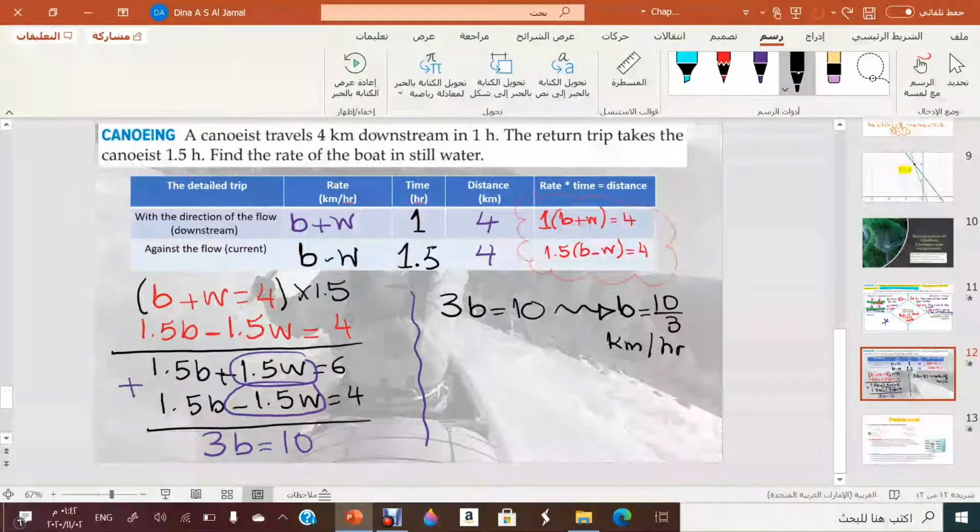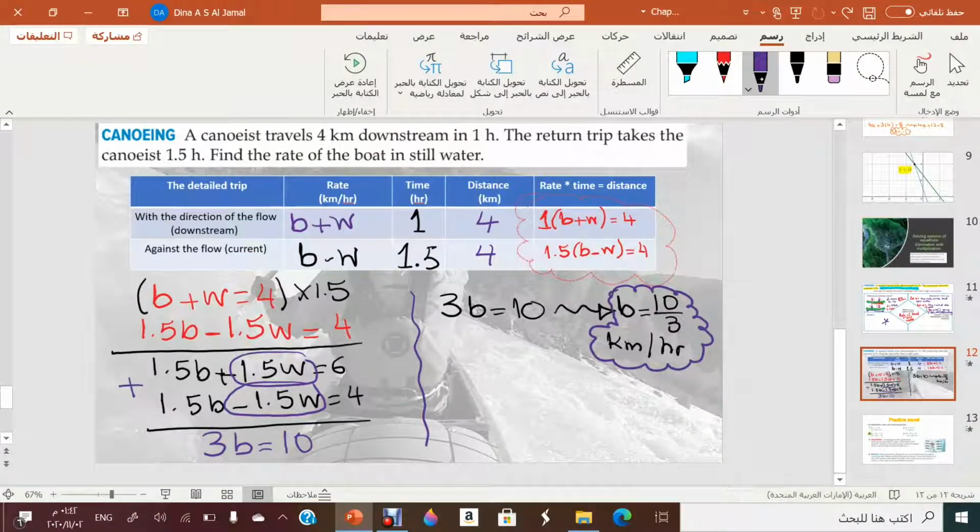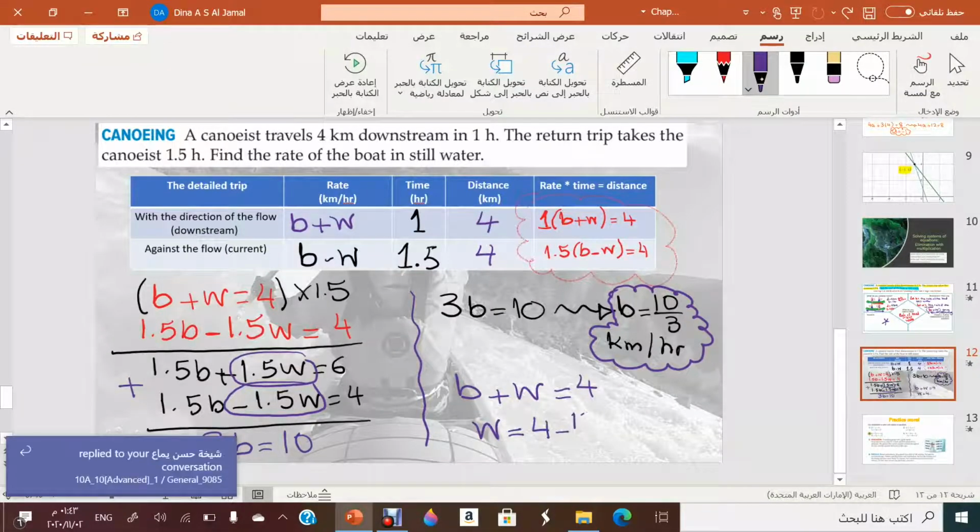Then, are you done? It is needed to find the rate of the boat, but I would like you to continue and substitute to find the other. So B plus W equals 4. Now I would like to find the rate of the water. So it will be 4 minus B, which is 10 over 3.